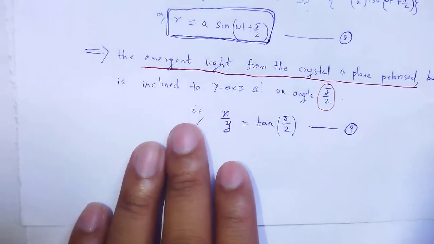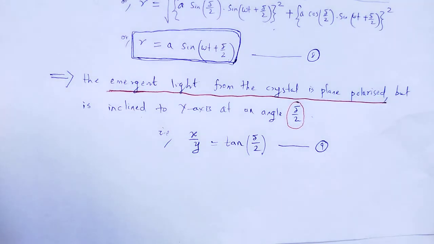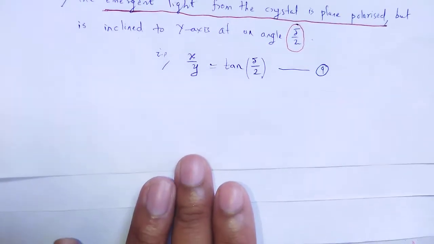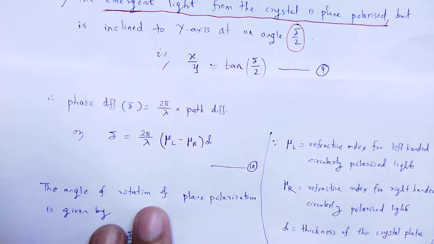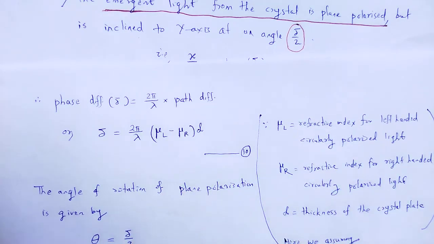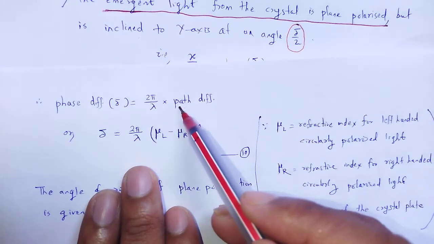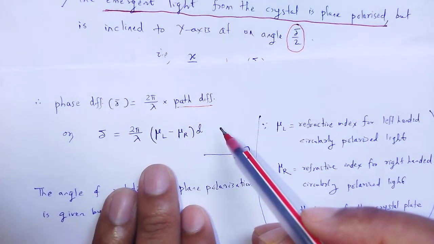Next, our aim is to calculate the angle of rotation. We can calculate that angle of rotation by taking the relation: as you know, phase difference is equal to 2 pi by lambda into path difference. Here the phase difference is delta, 2 pi by lambda. Now the path difference is calculated.